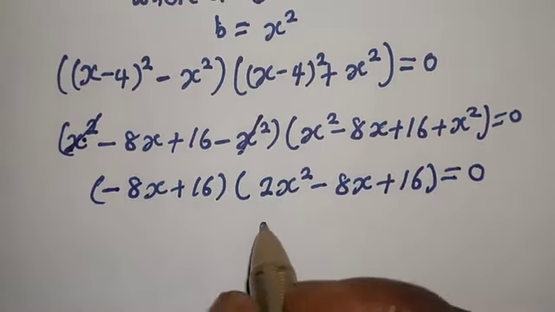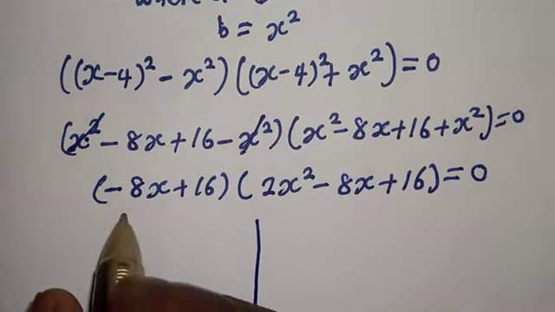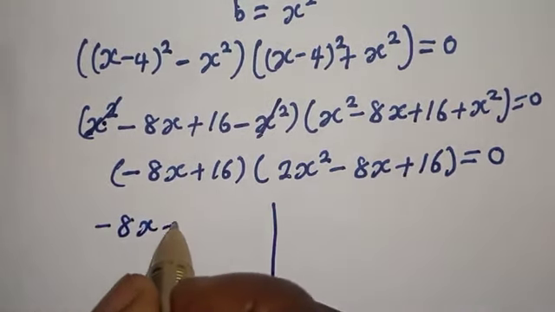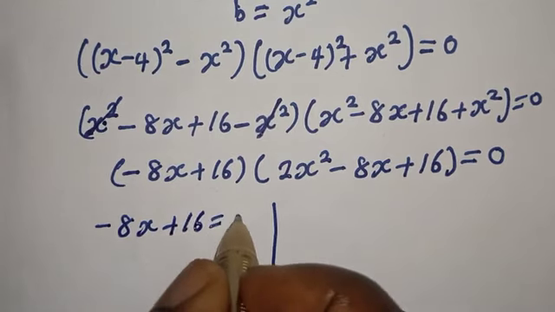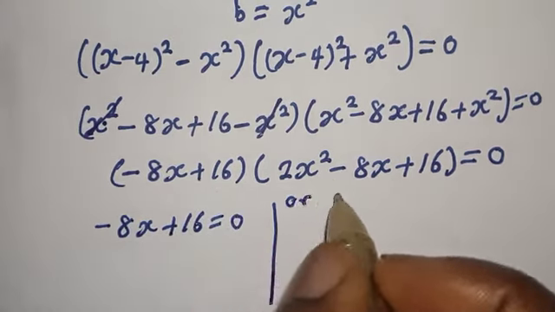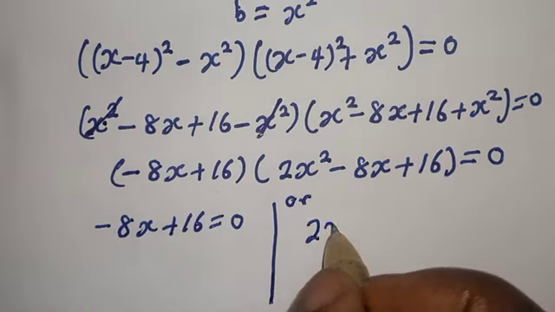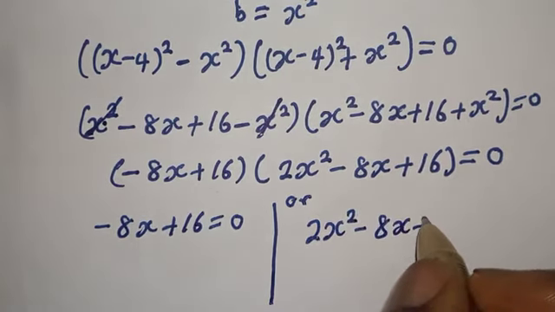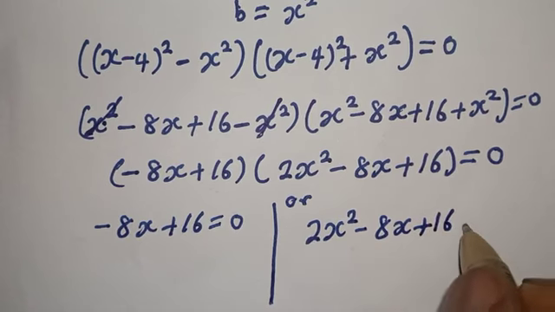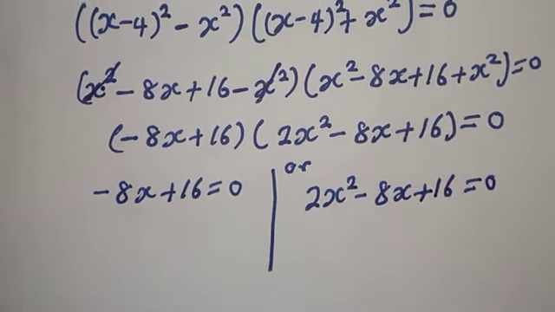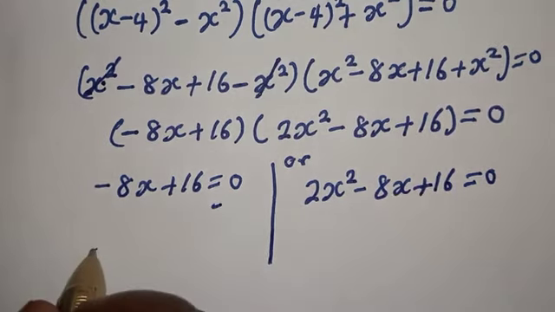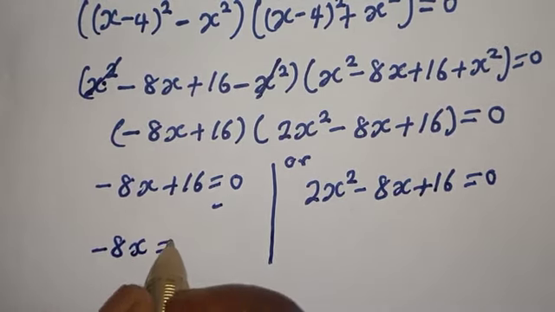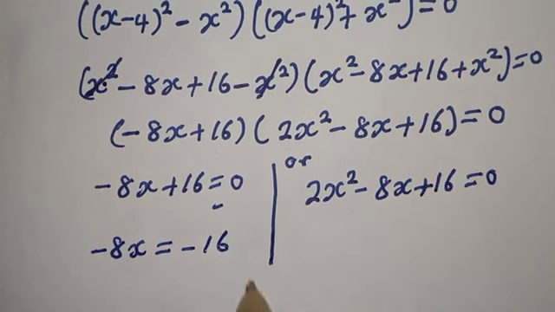Now there are two cases here. The first case is −8s + 16 = 0, or the second case 2s^2 − 8s + 16 = 0. From the first, −8s = −16.